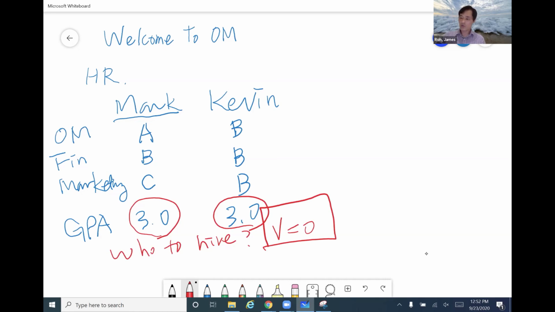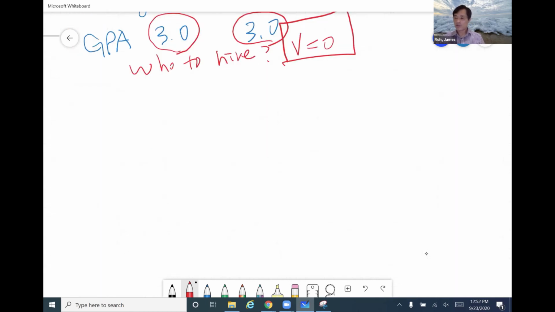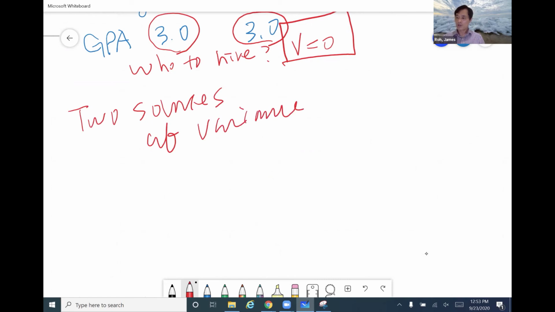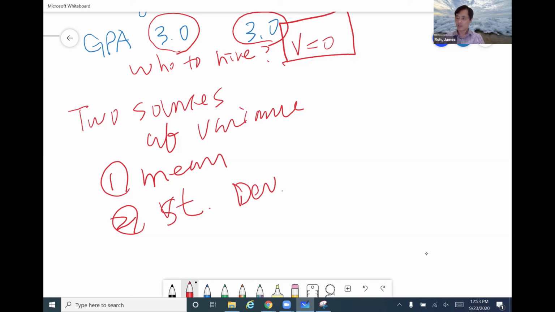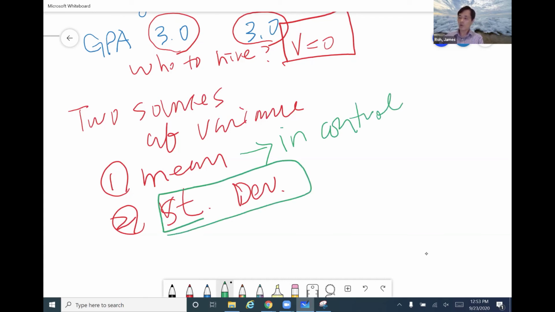So we have two sources of variance. One is the mean, and the second is variance, standard deviation, right? So these are the two things that we are looking at, and although you might see that the mean is in control, the standard deviation or range might not be in control.